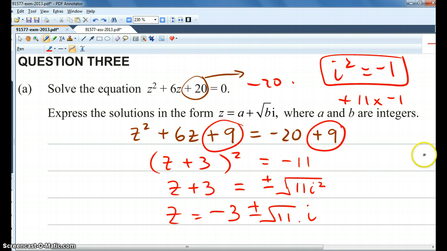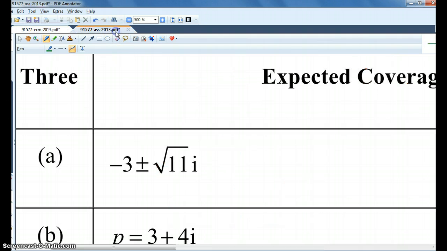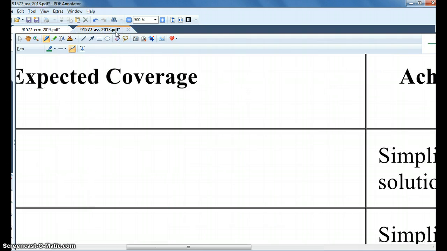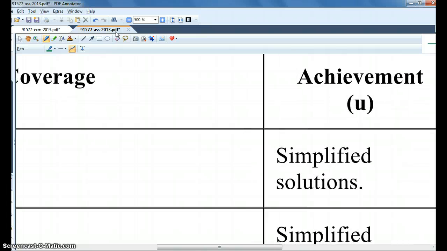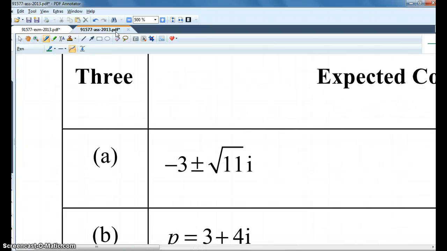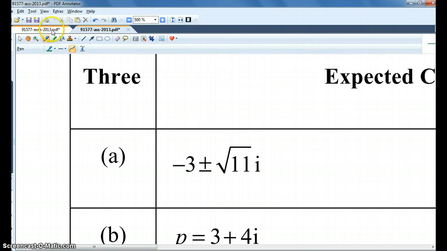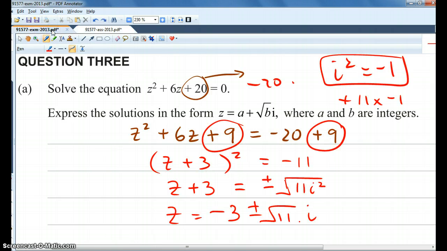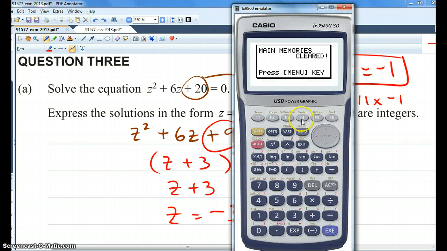Okay, now let's have a look. There we go. That is the answer, and it must be simplified. Now it was easier to simplify it doing it this way than it was actually doing the quadratic formula. How do you check it on your calculator?